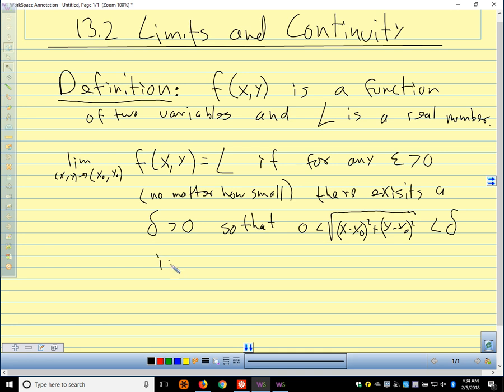This implies that the absolute value of f of x, y minus L is less than epsilon.